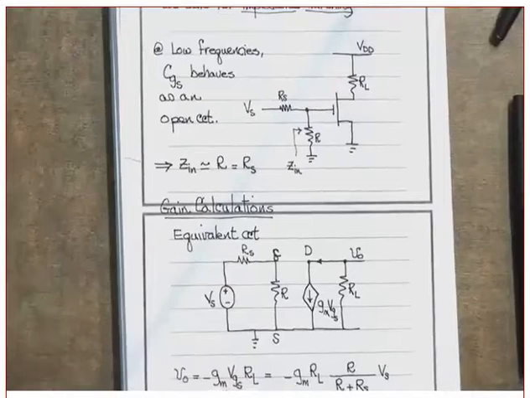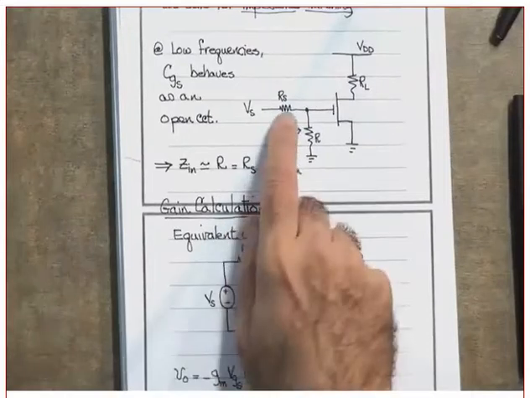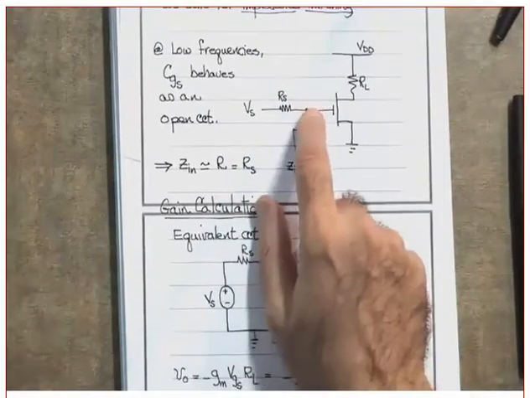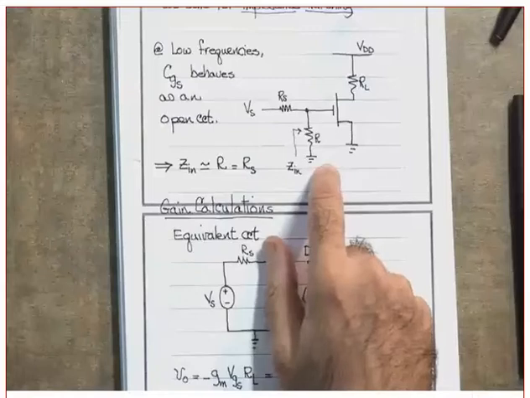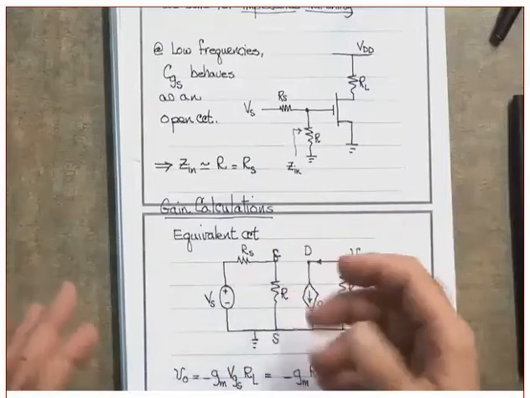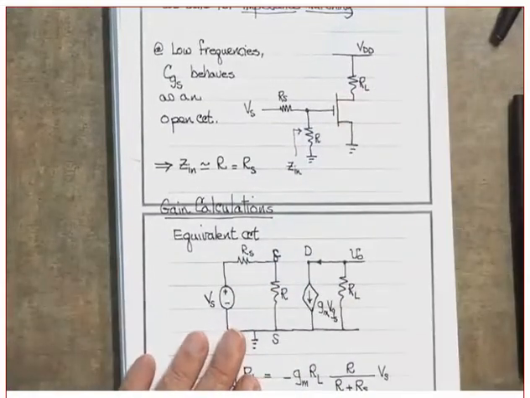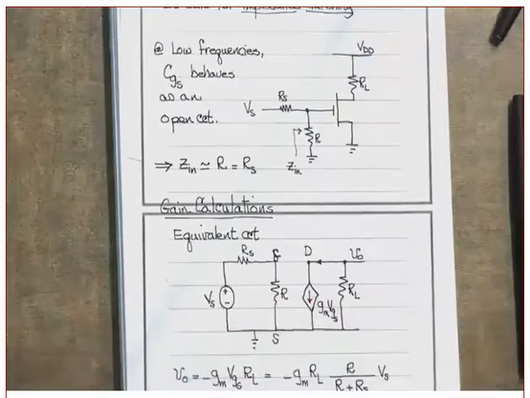So the first architecture that we decided on is to use a shunt resistor between the gate and the source. And we said that if we assume that we are operating at a low frequency, which is the first assumption, it is not really a realistic assumption. Why? Because we are dealing with RF.